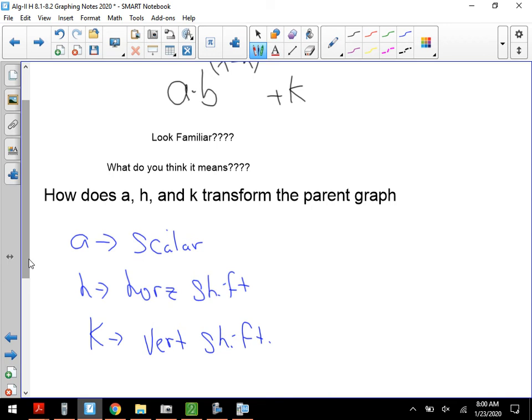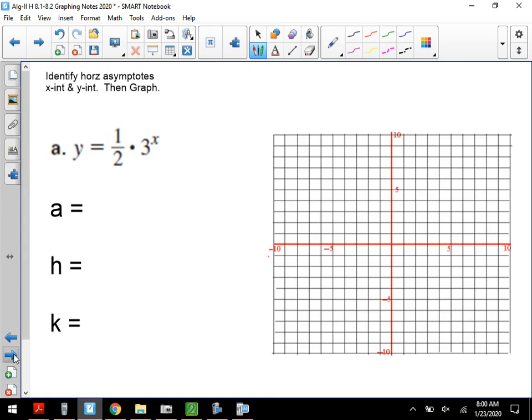For example, this one's the easy one first. Y equals 1/2 times 3 to the x. Whenever we do this type of stuff, especially with the graphs with parent functions and shifts, you're always going to hear me say, label your a, b, h, label everything out first.